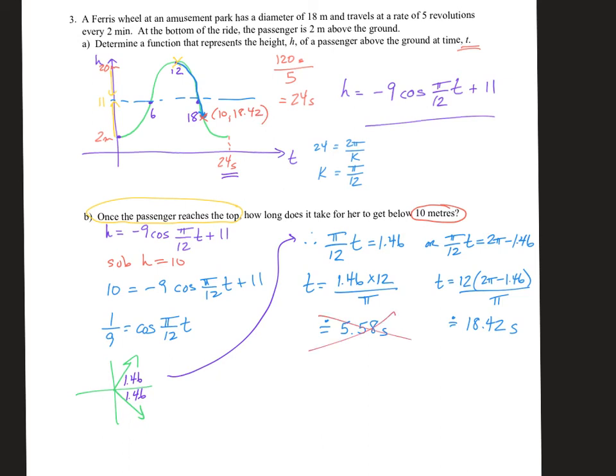Notice that the 5.58 is actually inadmissible. Not in our solution, so don't think that we have to mark it inadmissible, but it's inadmissible for us to use because it would represent the time when we were rising to 10.